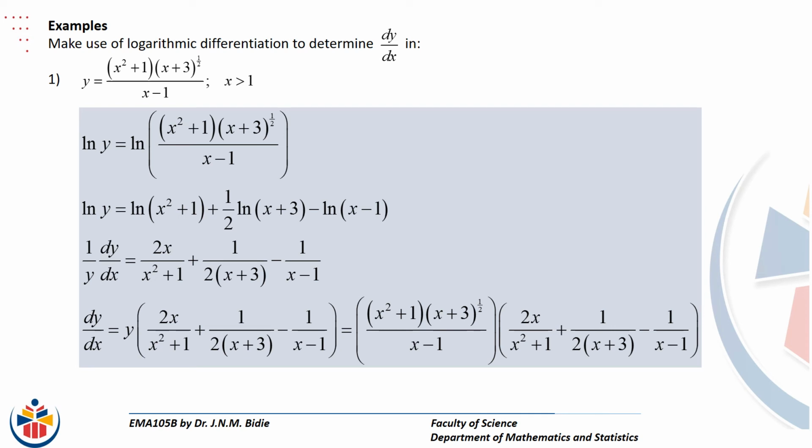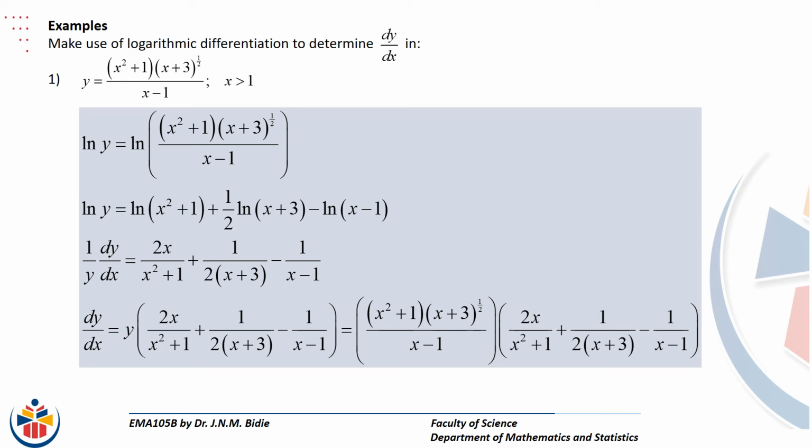Same for the second term, it's half times the derivative of x plus 3 is just 1, hence we have 1 over x plus 3, minus same for the last term, we have 1 over x minus 1.